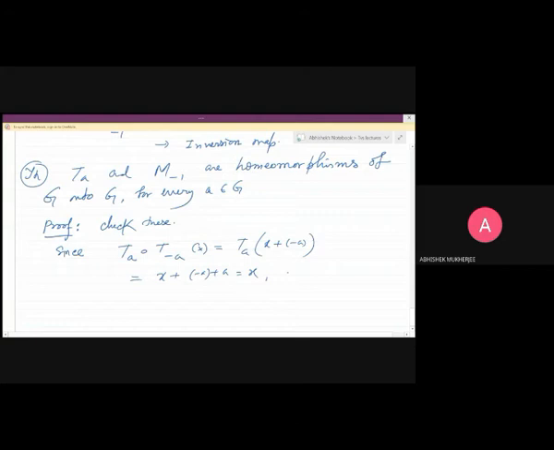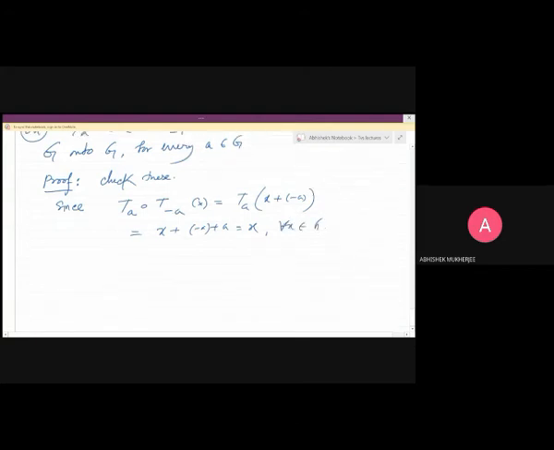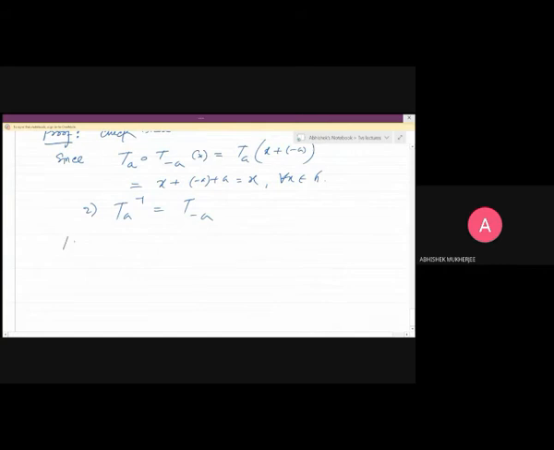So for all x belongs to G, TA inverse is T minus A. And for m minus 1, m minus 1 of minus x is x for all x belongs to G, that is m minus 1 inverse is m minus 1, right?